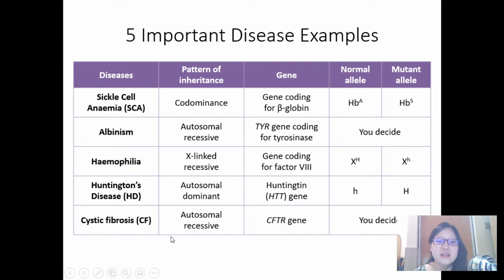Whereas with other diseases like cystic fibrosis and albinism, there might not be a specific symbol, so you can use whatever letter you want, as long as you write a sentence at the front defining what those alleles are. Let maybe big A be normal and small a be the disease allele, and so on and so forth.